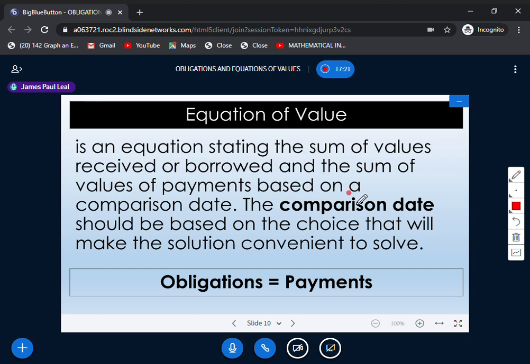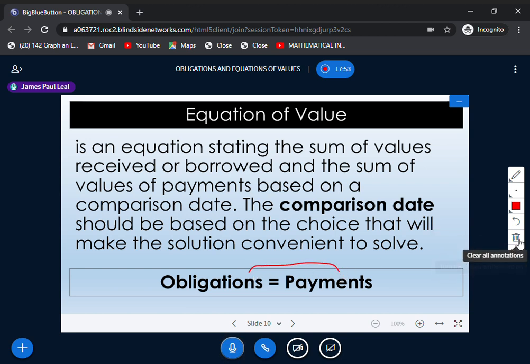In addition, the comparison date should be based on the choice that will make the solution convenient to solve. So here we have this: obligations equal payments, as you can see here. One of the most important problems in mathematics of finance is the replacing of a given set of payments by an equivalent set, which is obligations equal payments.